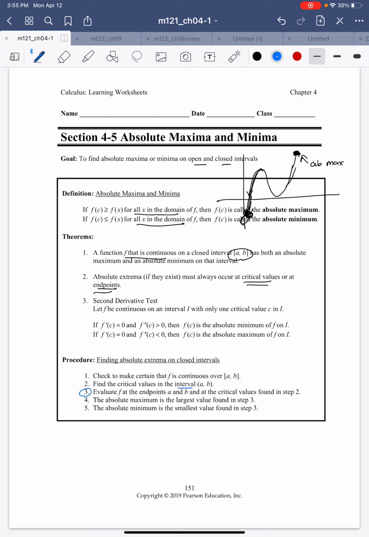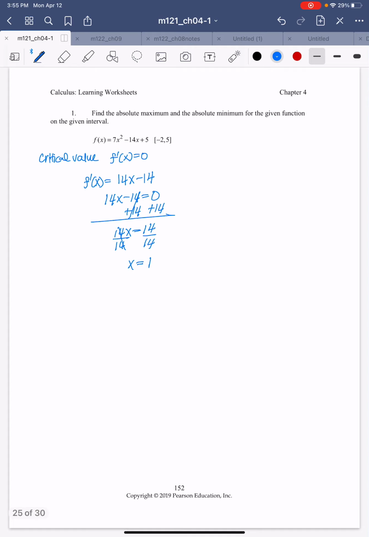Step 3 says evaluate f at the endpoints a, b, and the critical value found in step 2. So we need to check the endpoints. Here are the endpoints of our interval, so I have 3 values of x to check.